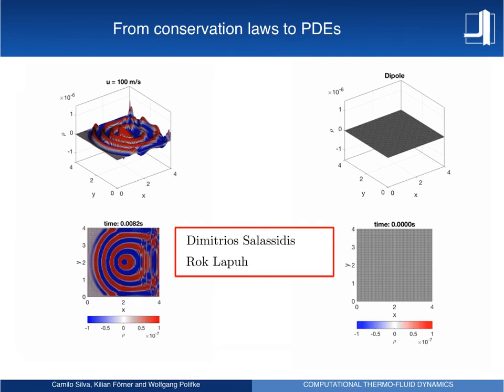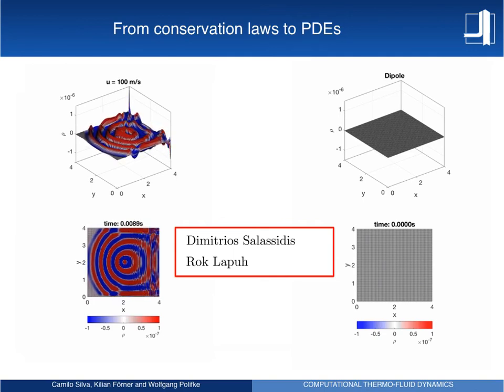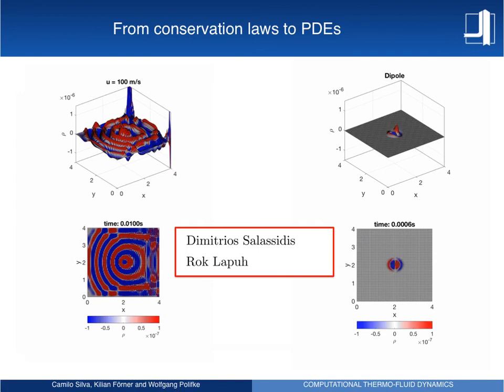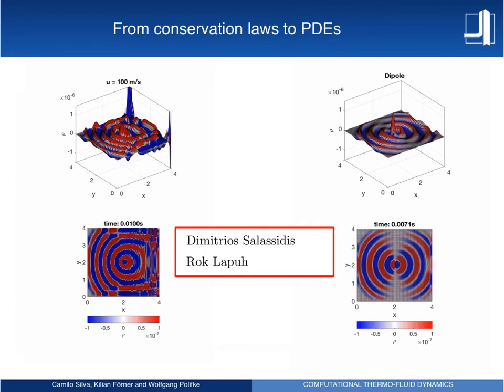Here there were some numerical instabilities because this problem was not easy at all, but I like at least the first part of the evolution. In this one we also have something similar with a dipole. You will see how the acoustic waves are propagated, and you can also inject some mean flow in the Euler equations. All this was done by these two students who worked hard, really, and I was really happy with the results they got.